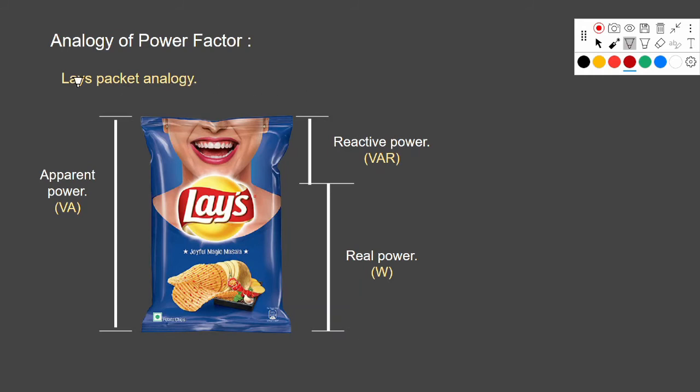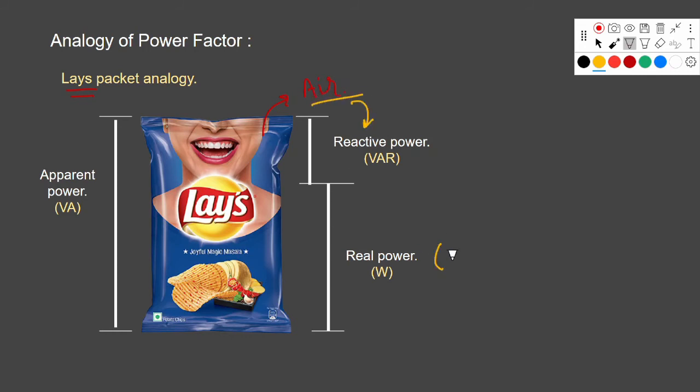A second analogy more relatable to us, that is the Lay's packet analogy. If we have a packet of Lay's like this, we know that the whole part is not filled with chips, right? A major part is filled with air. So the air inside it can be related as reactive power.